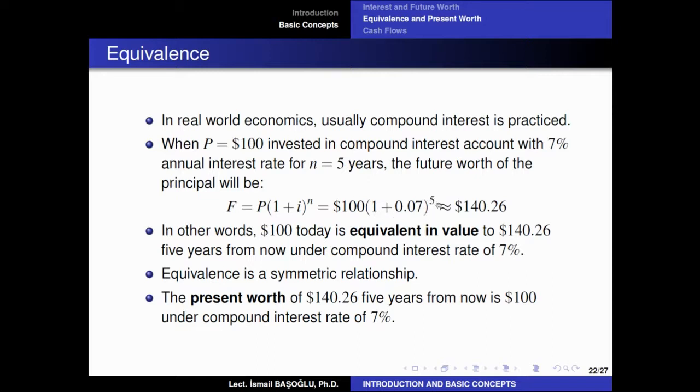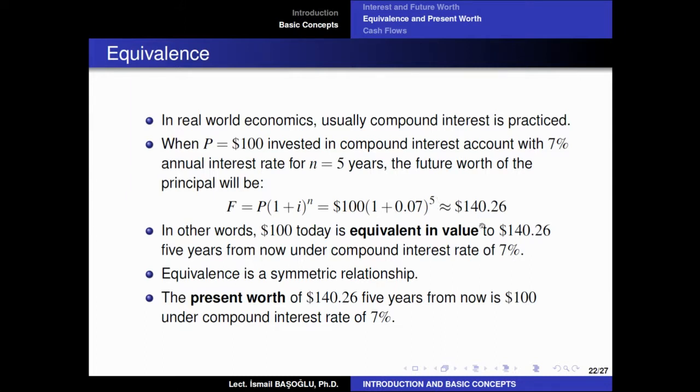Now, if you take the fifth power of this compound factor, then you are going to calculate the compound factor for 5 years. So $100 times the compound factor for 5 years, which is 1 plus the decimal interest rate to the power 5. Remember, 7% is the yearly interest rate, and 5 is the number of years.